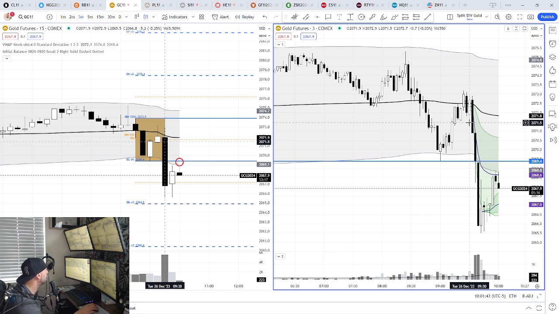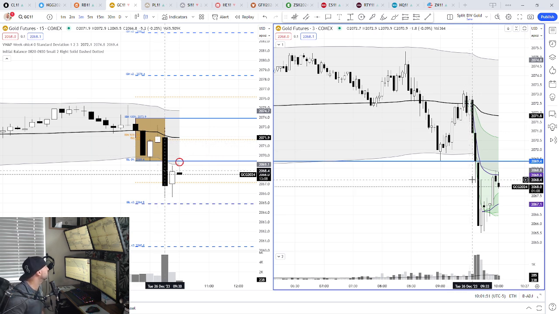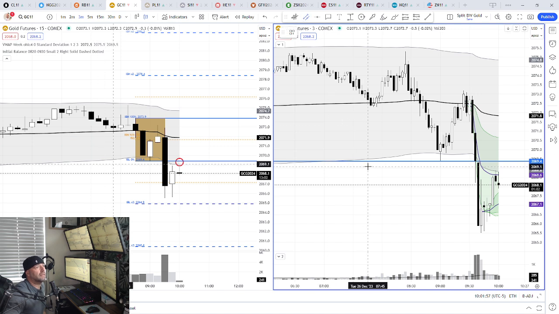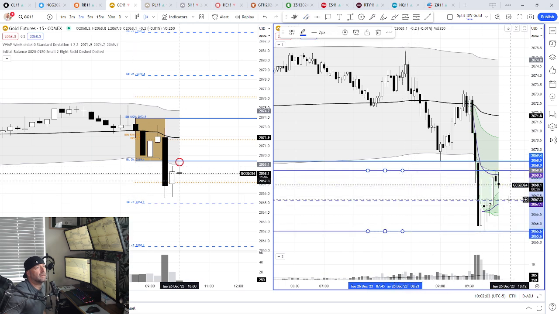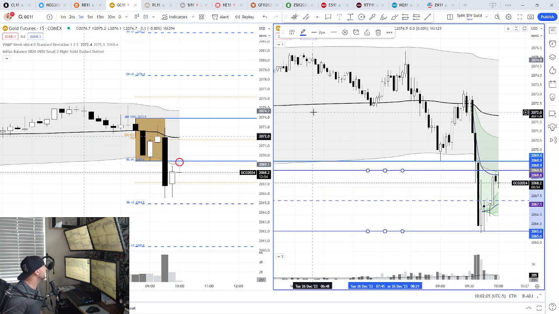I didn't get a great fill. I'm at 81. Stop is at pivot high. If we can get back down to the 50%, 67.3, that would be a good profit target.